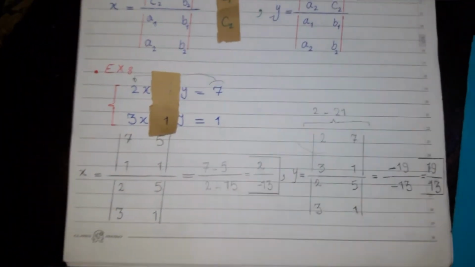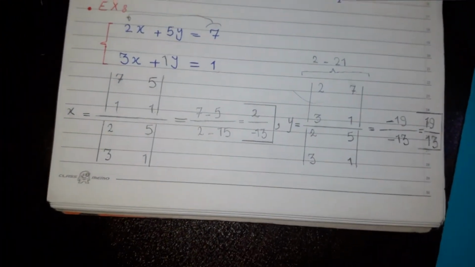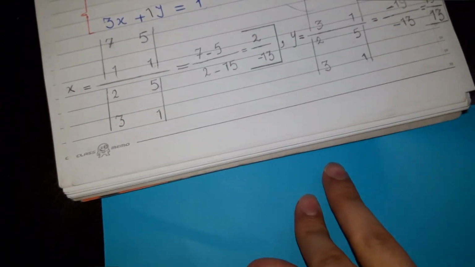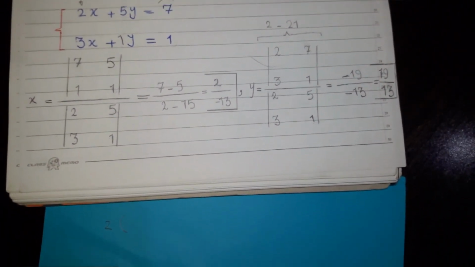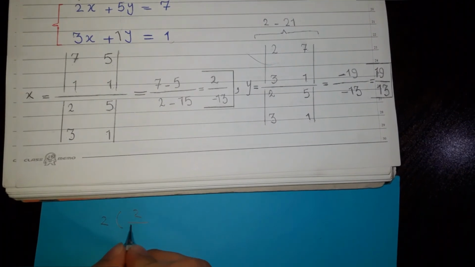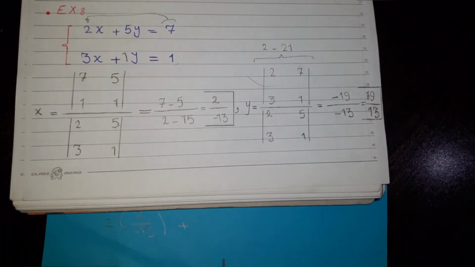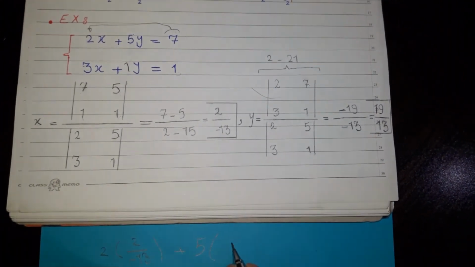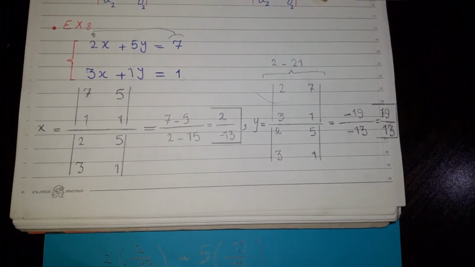Also, we can check if our answer is correct by substituting it into both equations. Here we have 2 times x, which is 2 over negative 13, plus 5 times y, which is 19 over 13.